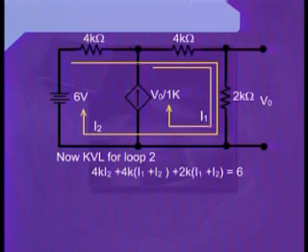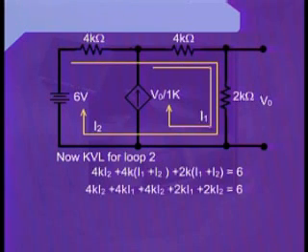Hence, we write equals 6. Simplifying using simple mathematics, this equation can be written as 4k I2 plus 4k I1 plus 4k I2 plus 2k I1 plus 2k I2 equals to 6.